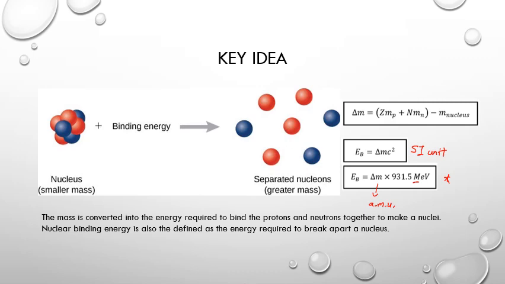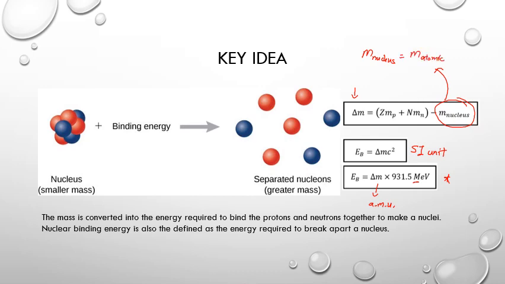And one last thing before we proceed to the question. Let us go back to the mass defect equation. This equation is all about the nucleus, but quite often, the question will give us atomic mass. So if you are going to calculate mass defect by using atomic mass, what should you do? You need to calculate the mass of a nucleus first. You can calculate M nucleus by using M atomic.